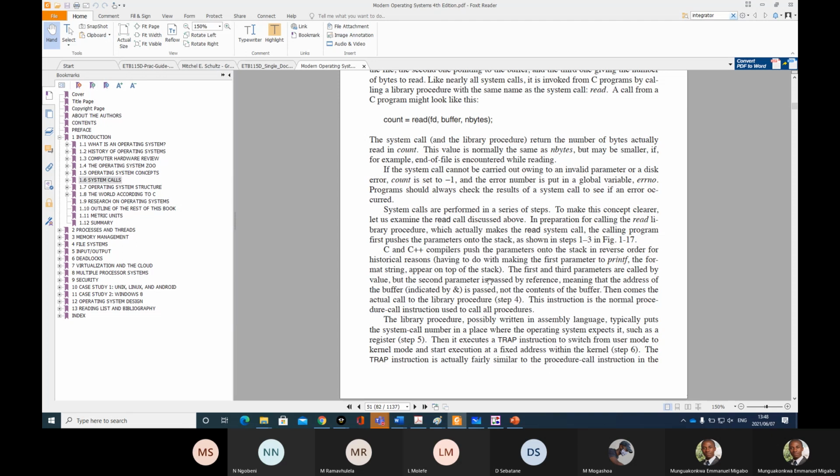Okay, so after assessing that, the trap instruction is actually executed by the operating system.